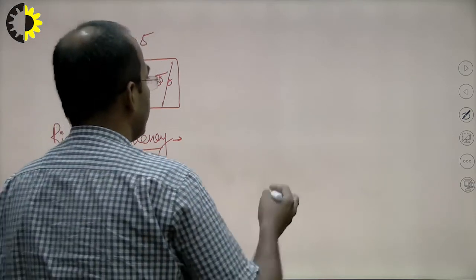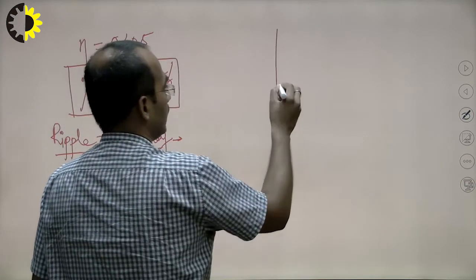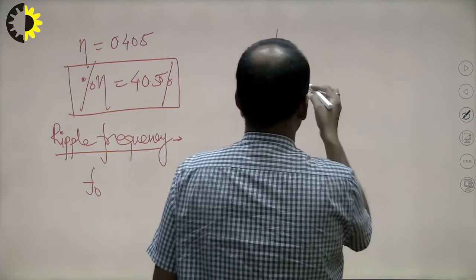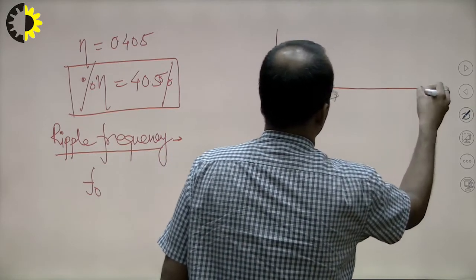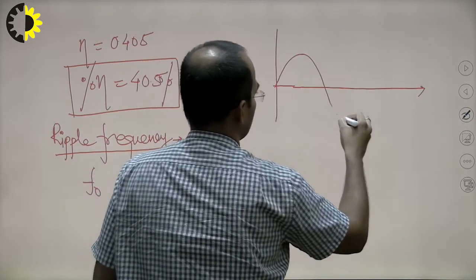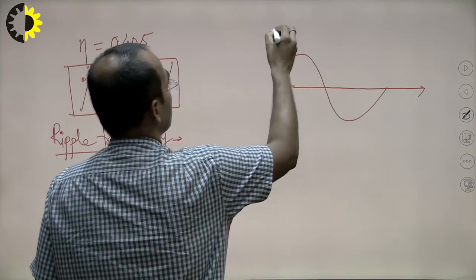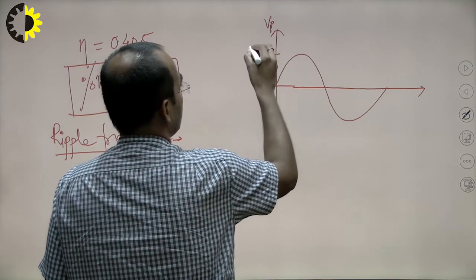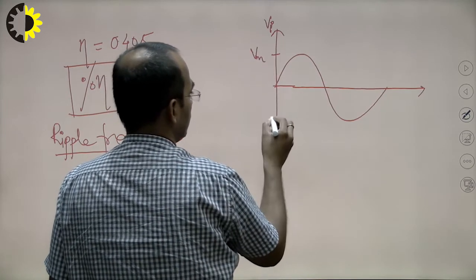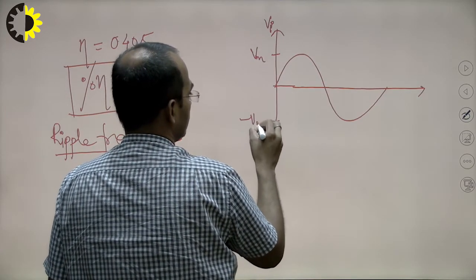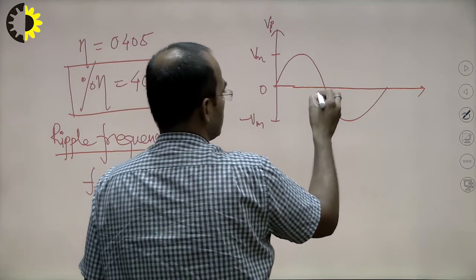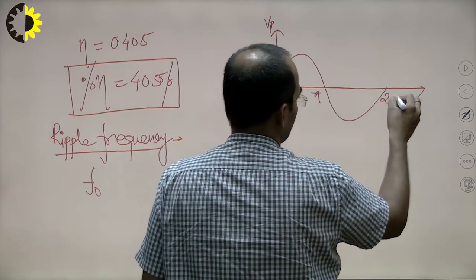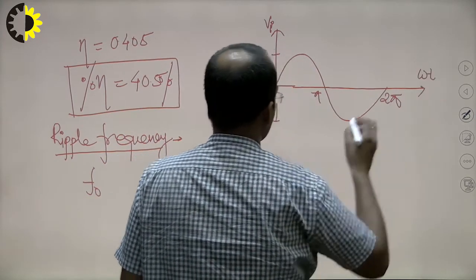I have already considered the input signal, with 0, pi, 2 pi, where this axis was omega t.